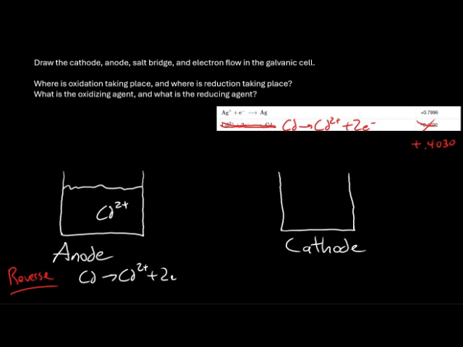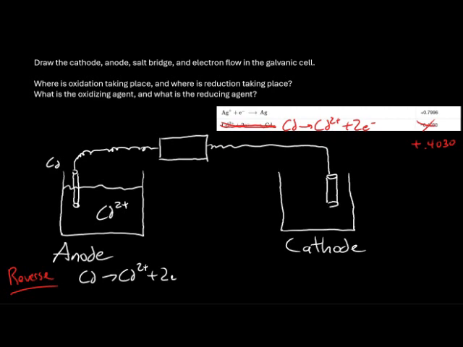And inside of that solution of cadmium 2 plus, we'll put a rod of cadmium metal. We'll label that Cd with no charge. We'll then connect that rod to a wire, and that wire will be connected to a voltmeter. That voltmeter is then connected to another wire and connected to another rod, which is connected to the cathode.